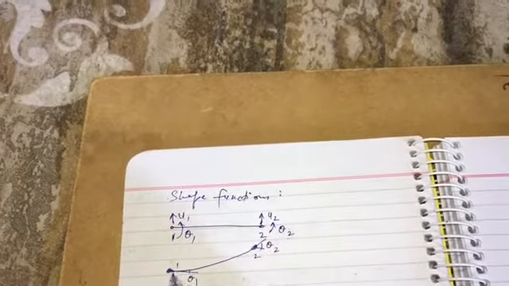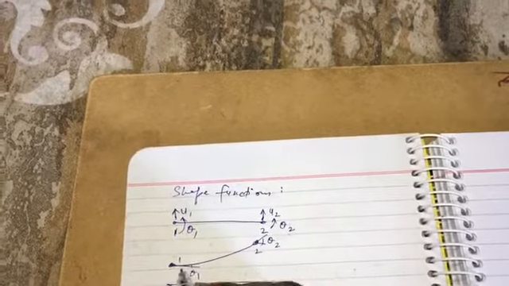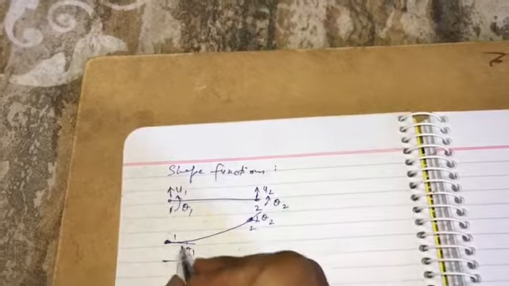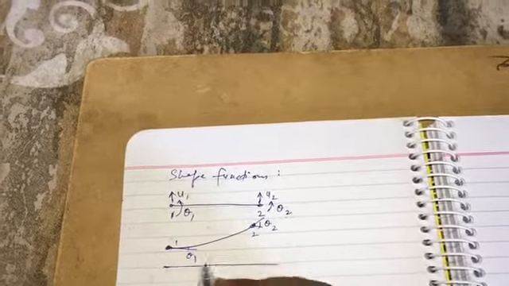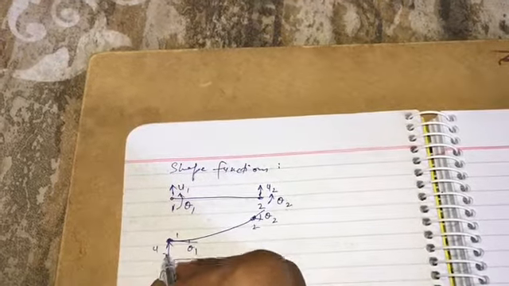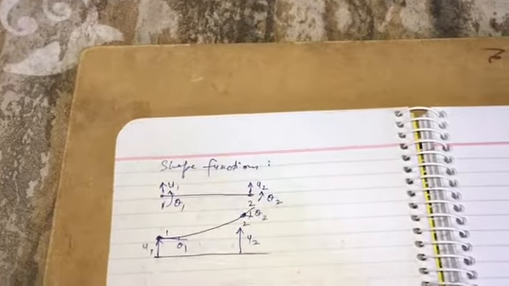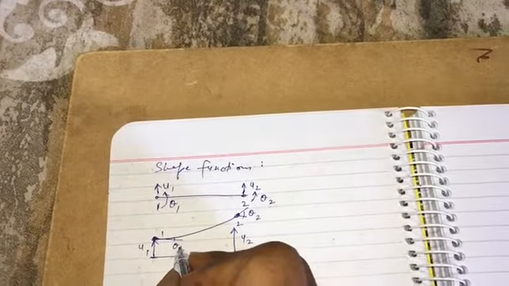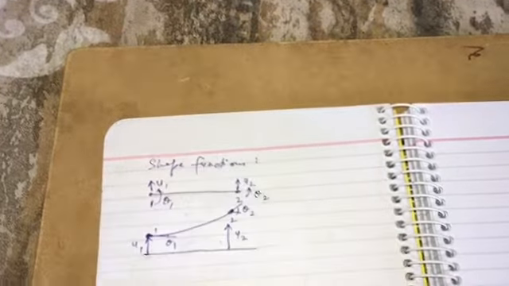So from here to here becomes u1, and from here to here becomes u2. So theta 1, u1 and theta 2, u2.